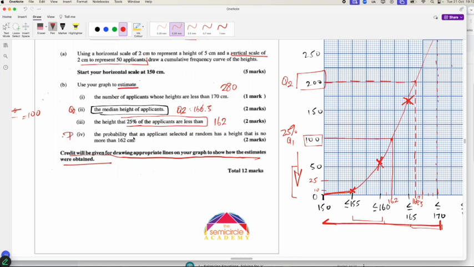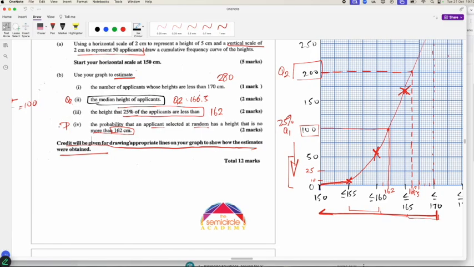The probability that an applicant selected at random has a height that is no more than 162. Not more, be careful with the words. Not more than 162. So your height is coming up, and then you hit 162.